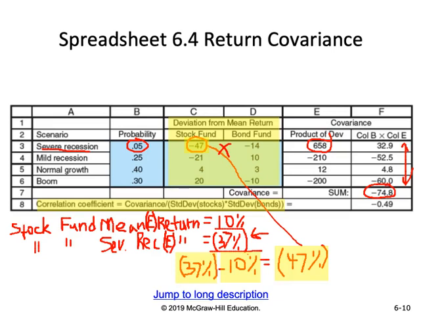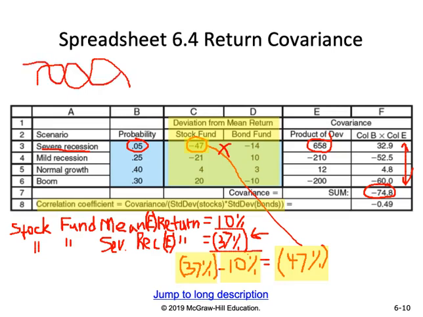So pat yourself on the back. And then once we have covariance, we can calculate correlation coefficient, which is a more understandable number because correlation coefficient only goes from a -1 to a +1. So a correlation coefficient of -1 would look like this.